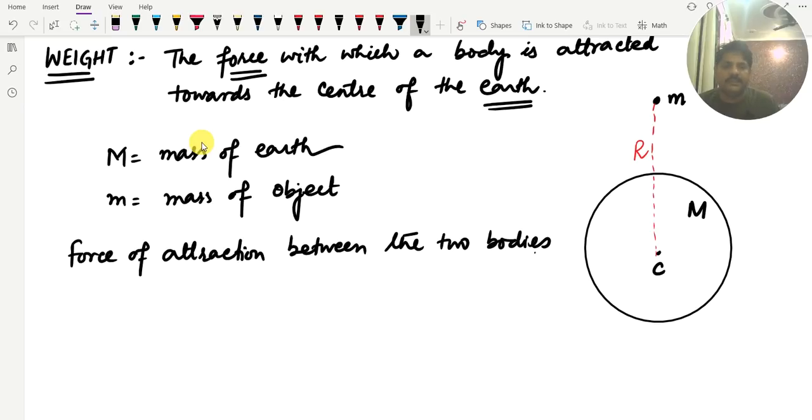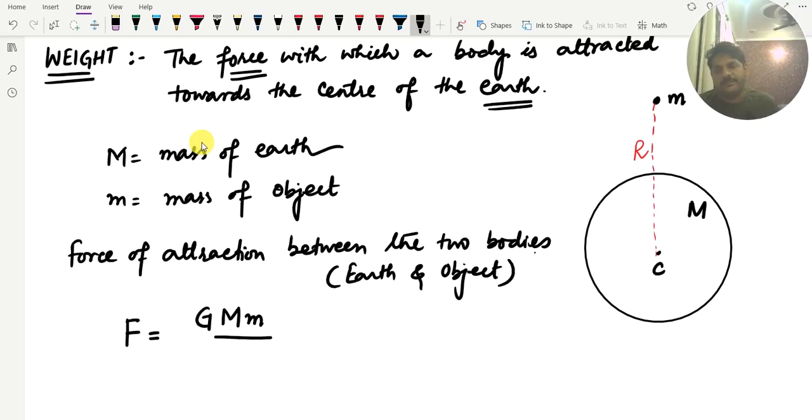What are the two bodies here? Earth and object. So if we use Newton's law of gravitation here, F would be equal to capital G, mass of earth is capital M, mass of object is small m, divided by r square. This is what we get.